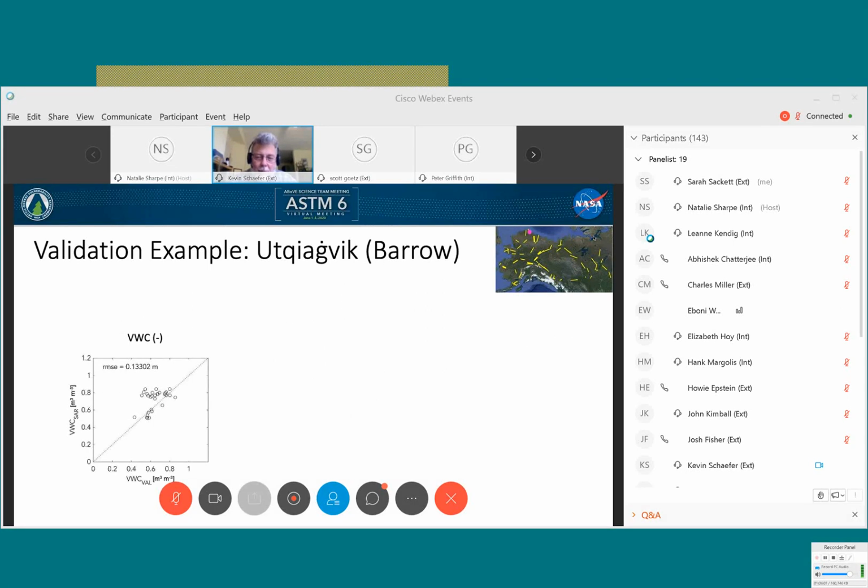Now, this is an example of a validation. I talked about this briefly yesterday, and I'll talk a little bit more about it today. This is at Utqiagvik, formerly Barrow. In this first plot, the horizontal axis is the validation, or rather the observed values based on our field measurements.